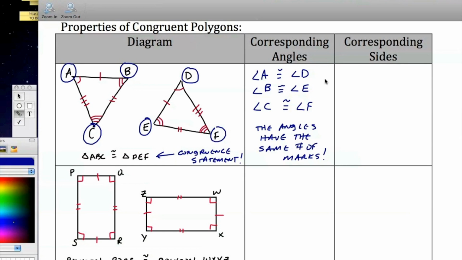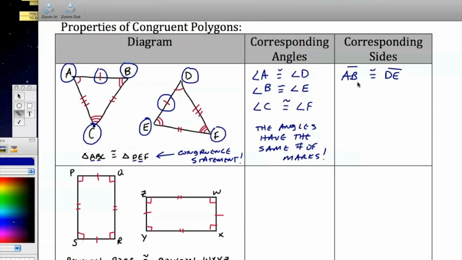So when I look at corresponding sides, here's what I'm looking at. I'm looking at side AB. Well, what does side AB go with? It has 1 tick mark, so it's going to go with side DE. Notice, A and D are in the first position. B and E are in the second position.